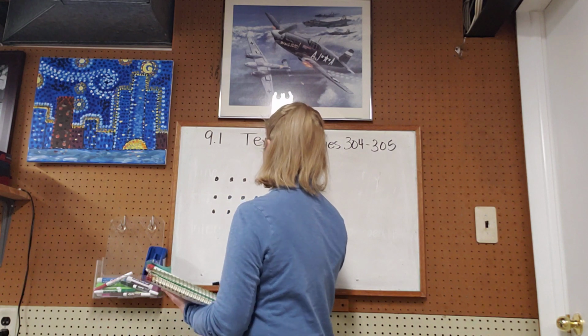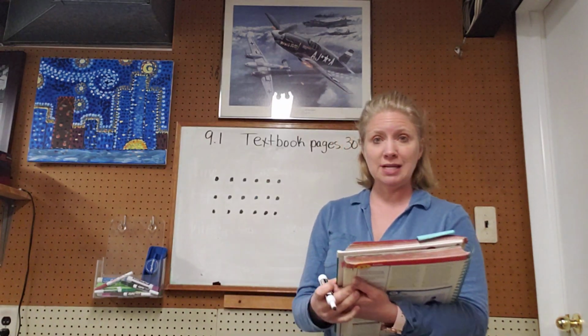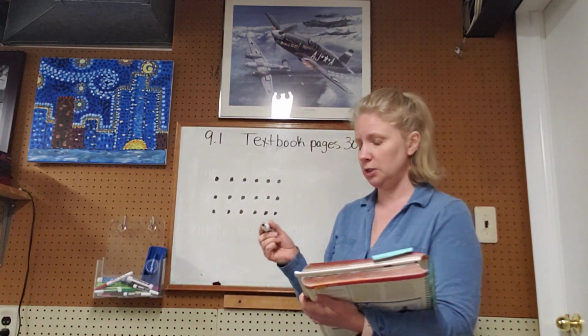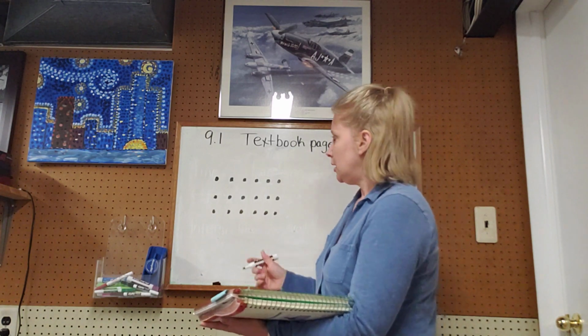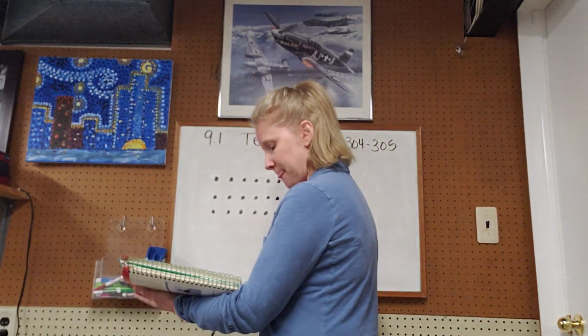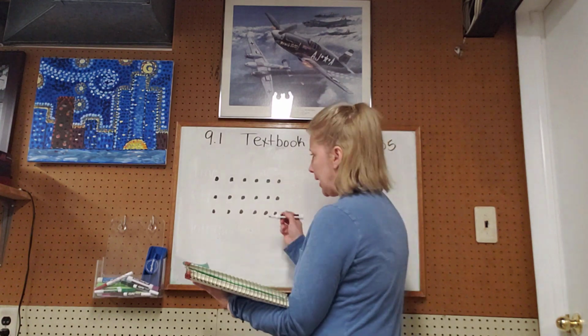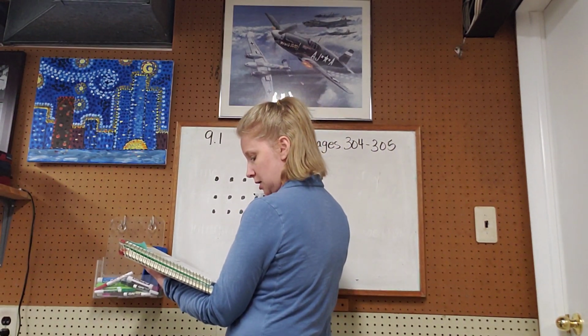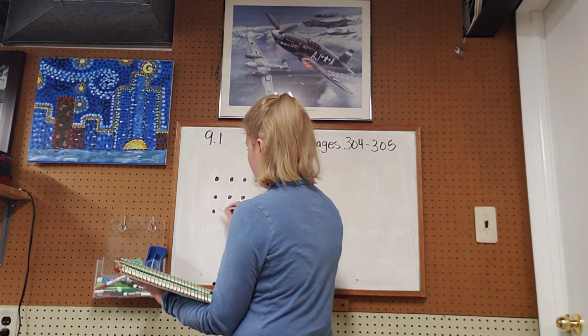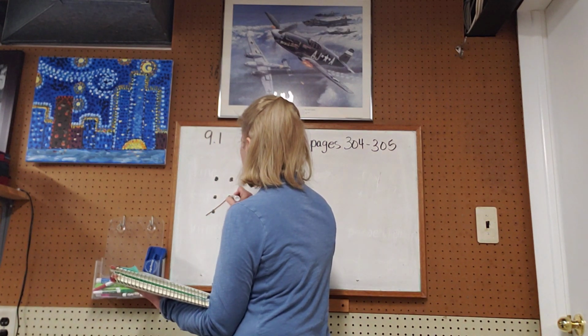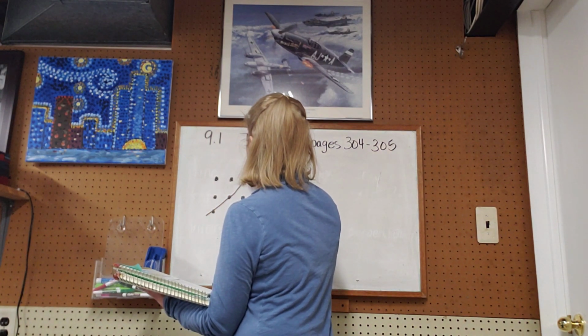And remember, you can always pause the video if you need more time than I am giving you to do things. So number 11, it shows the red line going through the first dot, the middle dot, just like this.